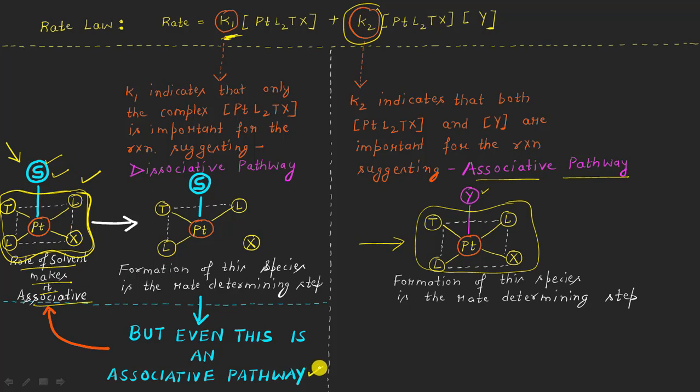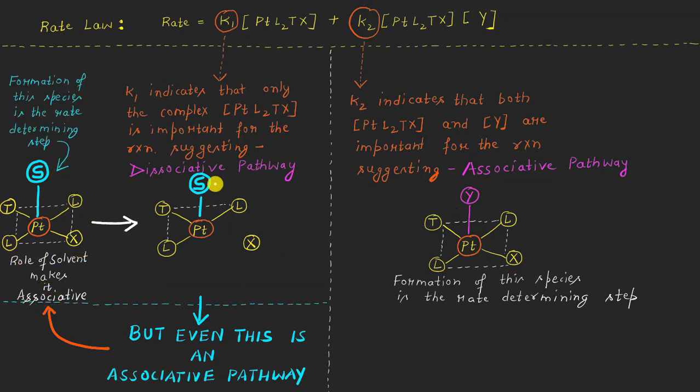At one look it seems to be a dissociative pathway, but it is actually not. The formation of this species is the rate determining step, and it is not a dissociative pathway; it is actually an associative type of pathway.